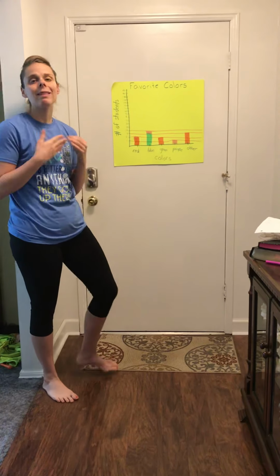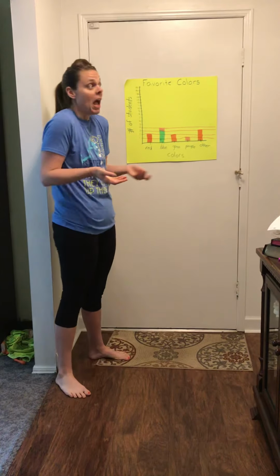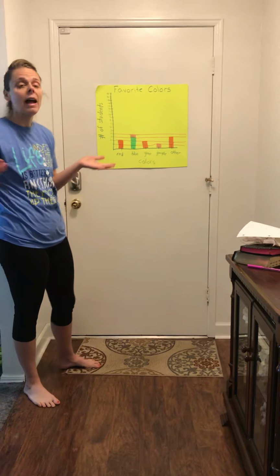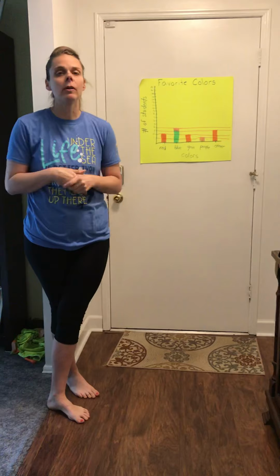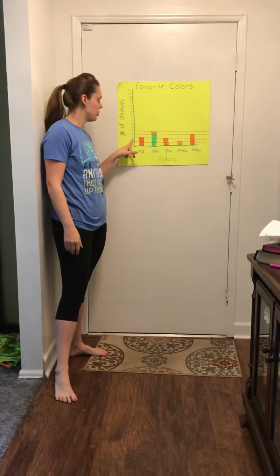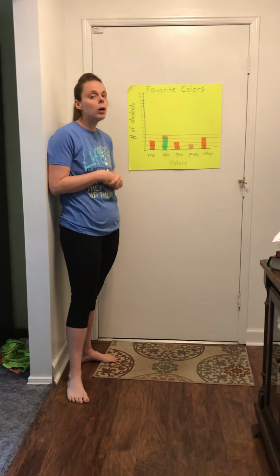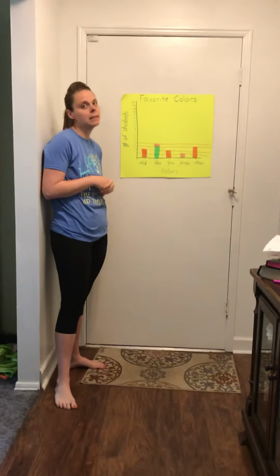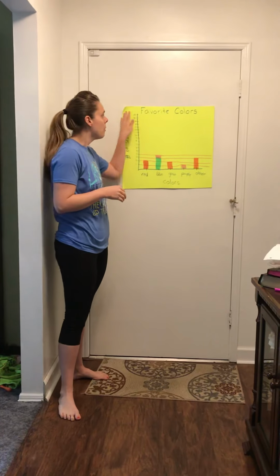We can read lots of data like this. Like how many people would like red if 4 more people liked red? Well, right now, how many red are there? There's 2. So if 4 more like it, we would have to put 4 more on there, and then there would be 6 people. All right, so bar graphs here.